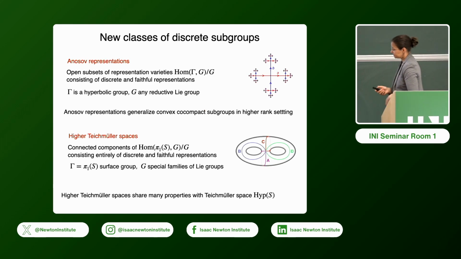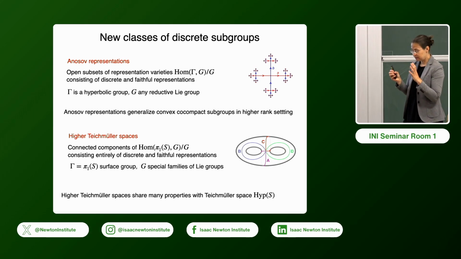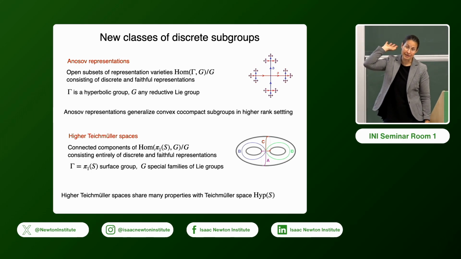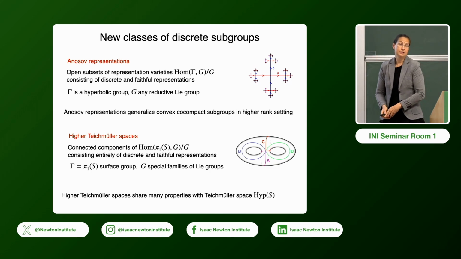This is the setting: you can give me any reductive Lie group and any essentially finitely generated hyperbolic group, and there's a nice class of representations. I don't say any finitely generated hyperbolic group has an Anosov representation, but we know by now many have.